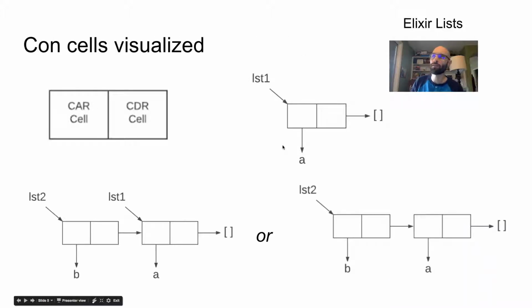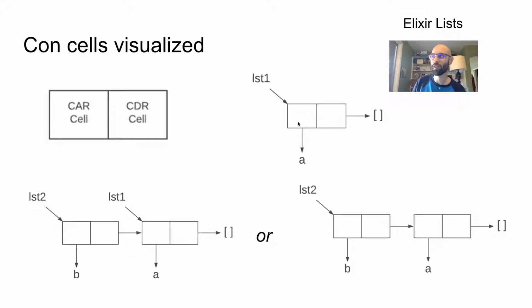So this is the cons cell visualized along with the construction of a list from cons cells. First off, on the top left, we have a cons cell diagram. You can see it's composed of the car cell and the cdr cell. This is a visualization of a single node list from the cons perspective. We have the variable that's pointing to the cons, in this case list1.